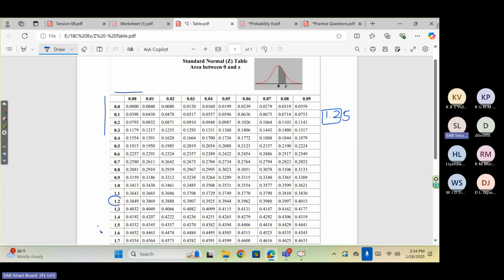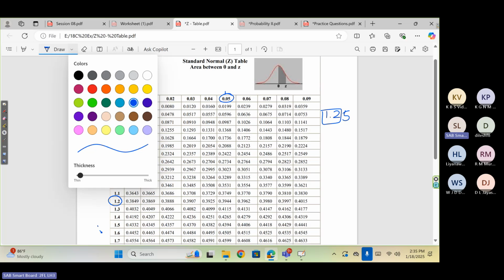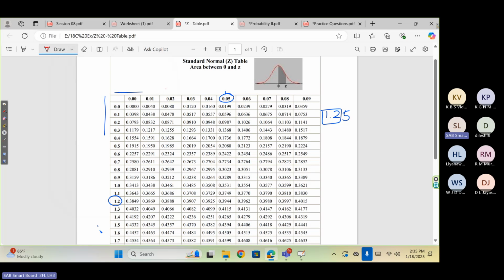Here, 1 point 2. Then there is another digit, the second decimal place. What is the second decimal place? 5. Then we find 0.05. Then we move down. Then this one and this one. What is the probability value?